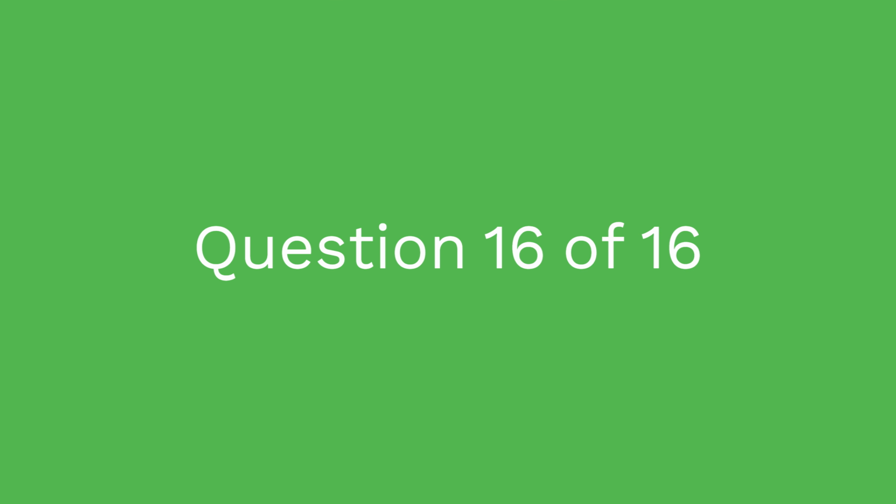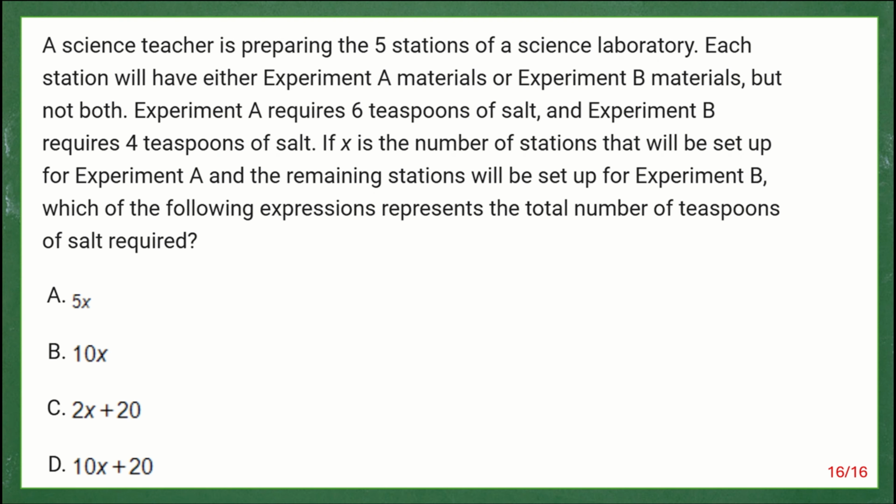Okay, now finally coming to the last problem of this video. A science teacher is preparing 5 stations of a science laboratory, and each station will have either experiment A materials or experiment B materials, but not both. So of the 5 stations, it will be either experiment A or experiment B happening.